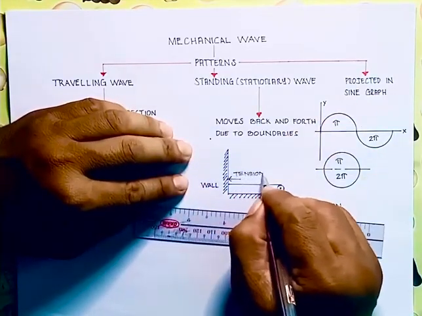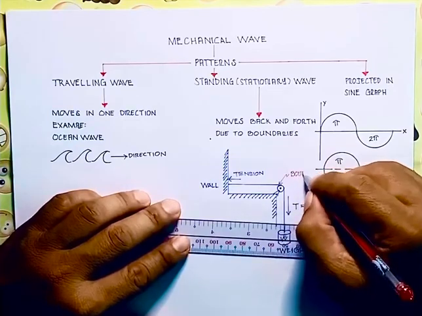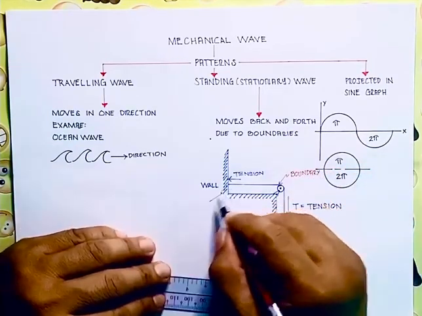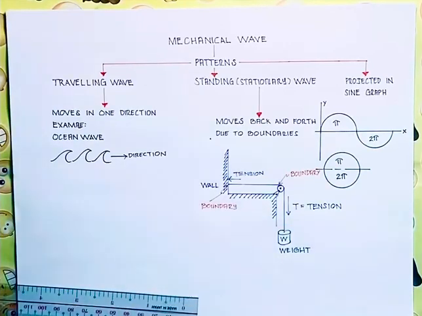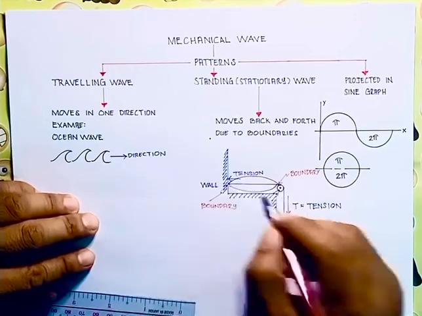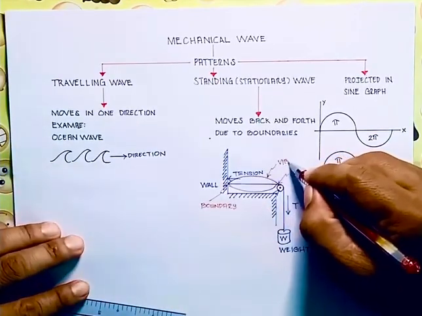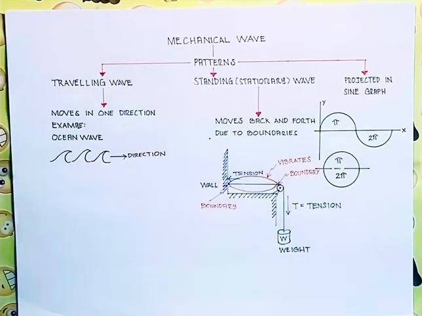A tension is generated at both ends. When we pluck the string, since there are two boundaries, it will vibrate and move back along the string. So this will create a stationary or a standing wave.